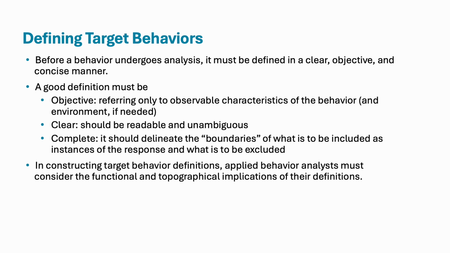Okay, so these 3 things, an objective definition, a clear definition, and a complete definition, are going to make for a really good quality behavioral definition. When we construct target behavior definitions, we need to also consider functional information about the behavior and also topography.